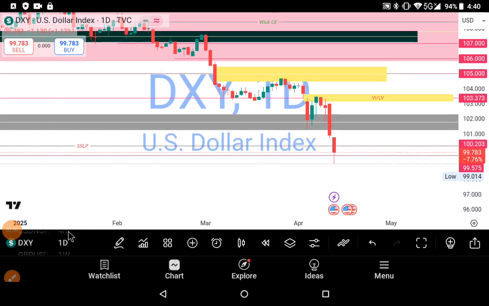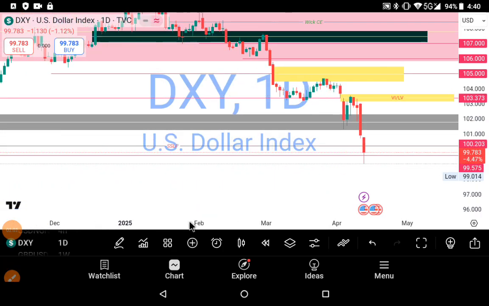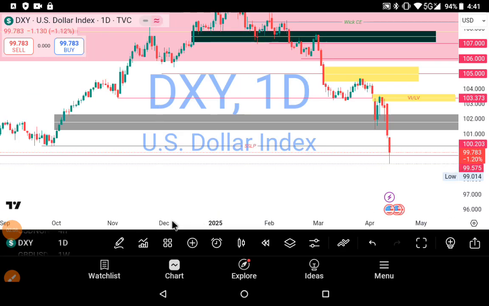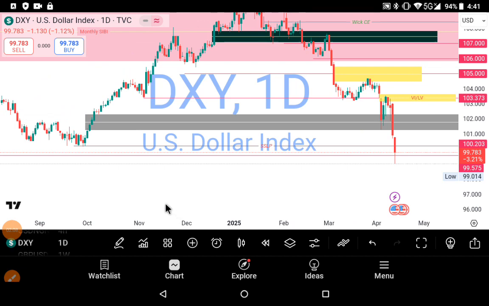Do we see a drop? We definitely saw the drop. So we saw this level being taken, this low here being taken. That is the low around 100.203.